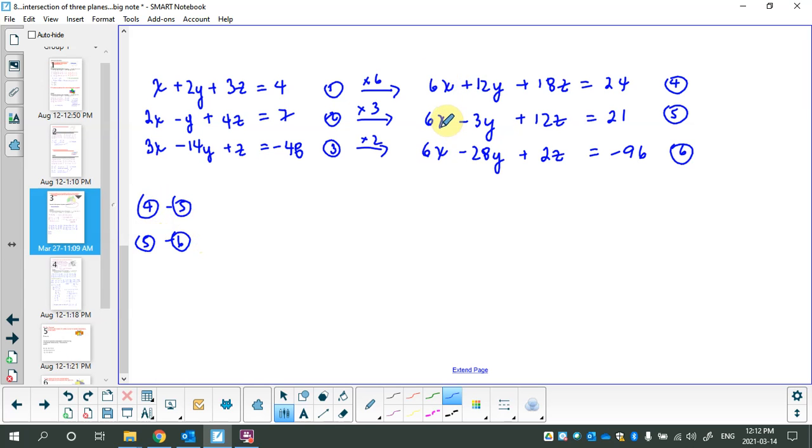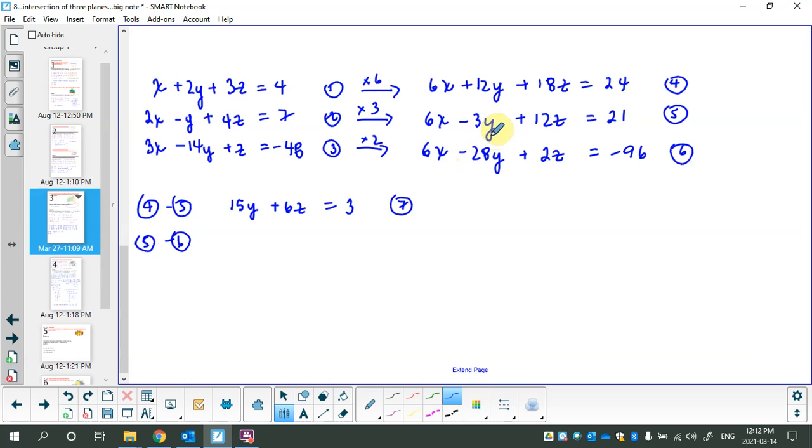So 6x minus 6x, gone, eliminated. 12y minus negative 3y is 15y. 18z minus 12z is positive 6z. And on the other side, 24 minus 21 is 3. Then I get to do it with 5 and 6. So 6x minus 6x is gone.